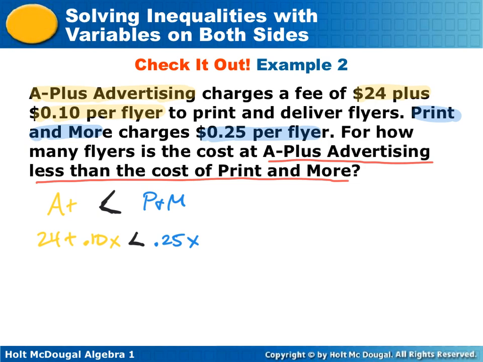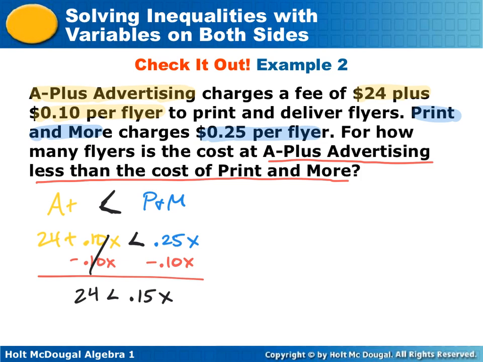Okay? So, first thing is to not use the highlighter, but to subtract 0.10x from both sides. And once you do that, you get 24 is less than 0.15x.